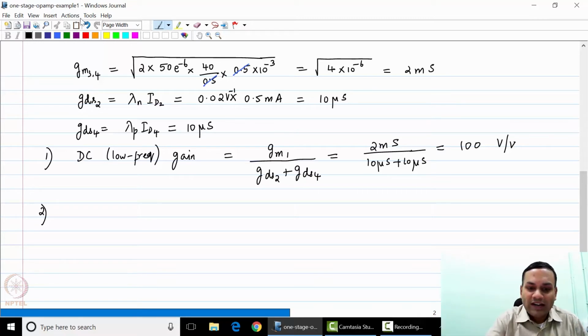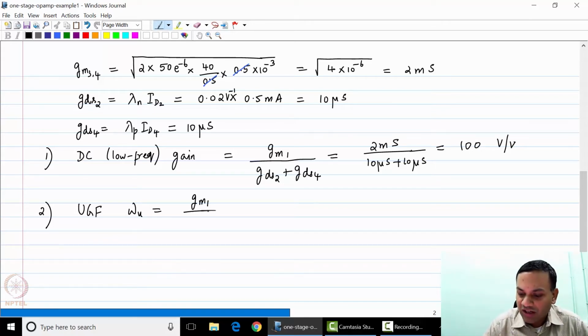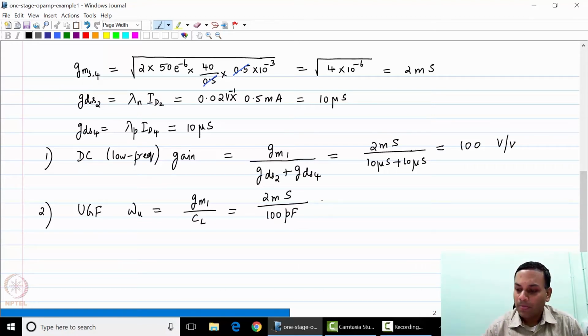The second component we will look at is the unity gain frequency of the OpAmp. So omega u is nothing but GM1 over CL. This is 2 millisiemens over 100 picofarad.